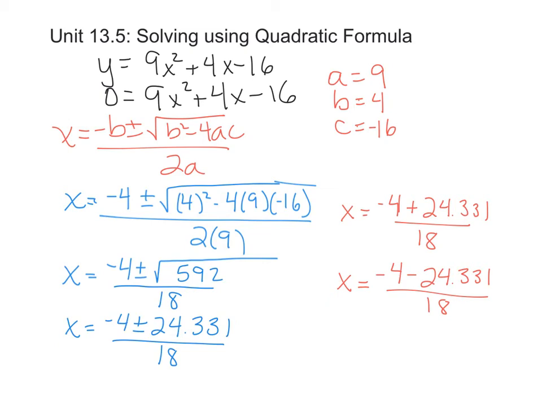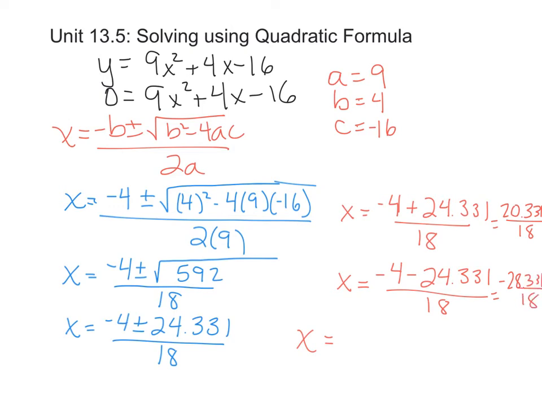So this is telling us there are two x-intercepts. If you evaluate this, you should have in the first one 20.331 over 18, and in the second, negative 28.331 all over 18.